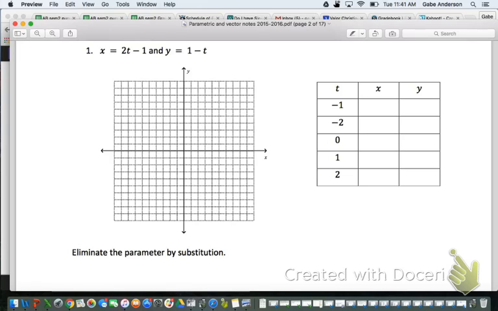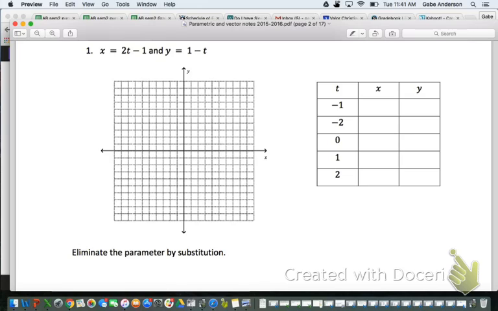Those are all 1 apart from each other. I flipped around the negative 1 and the negative 2. Let's mentally flip those to where they should be, numerically speaking. If we're going to go down the table, it should go negative 2, negative 1, 0.